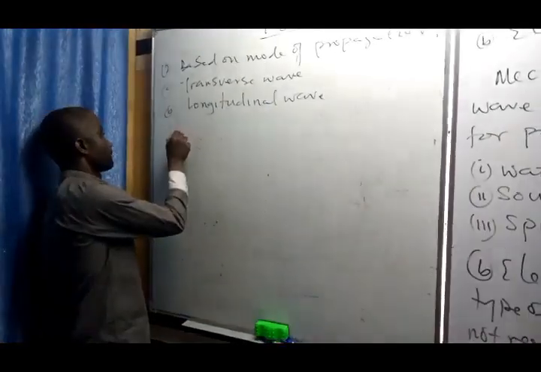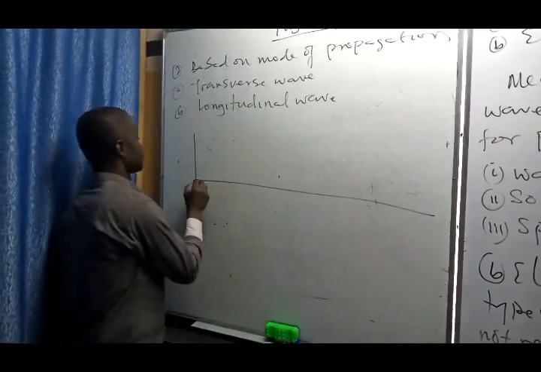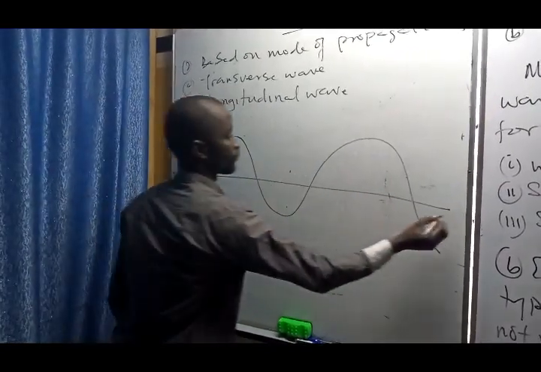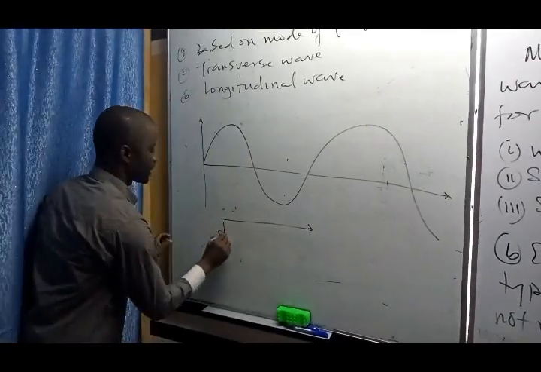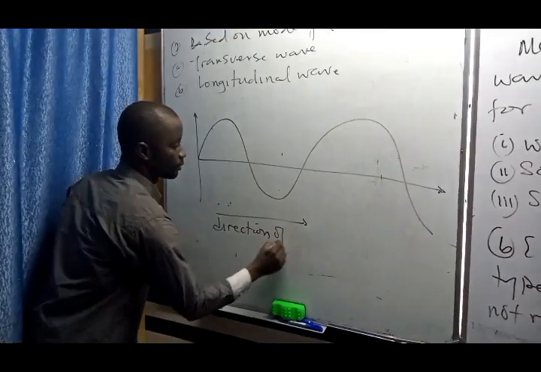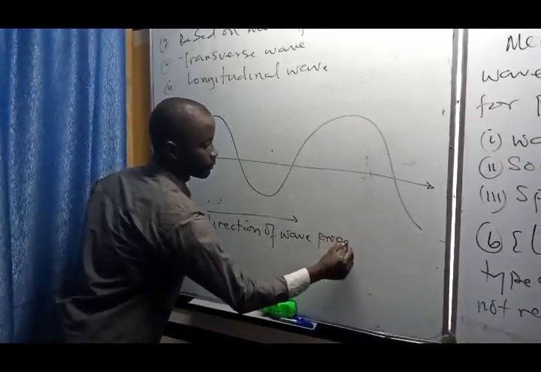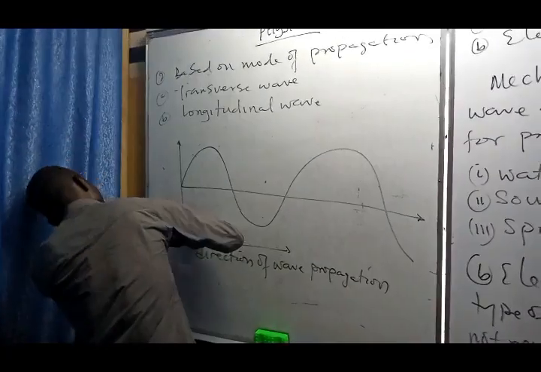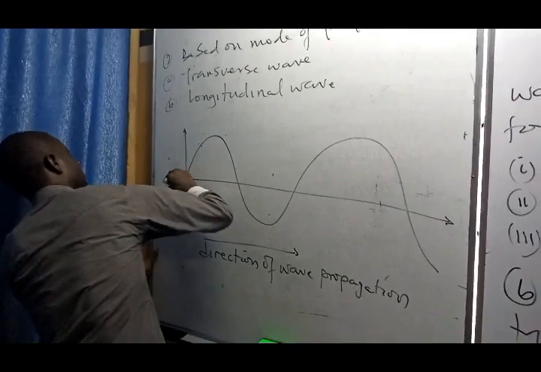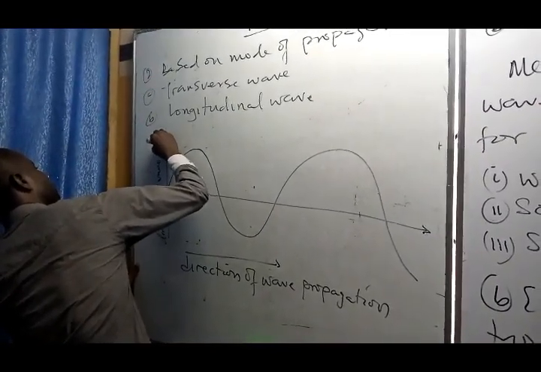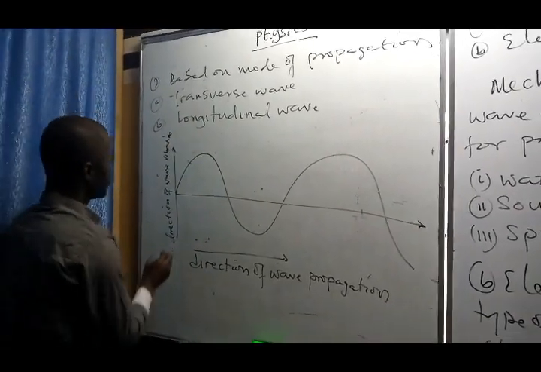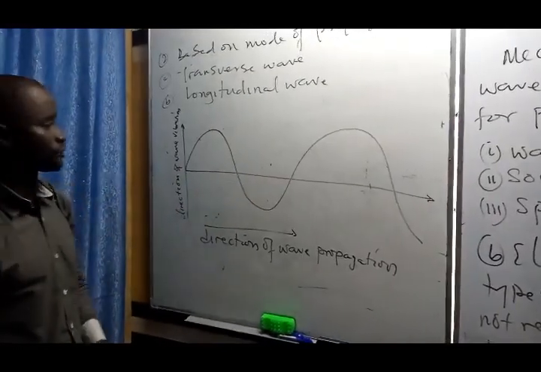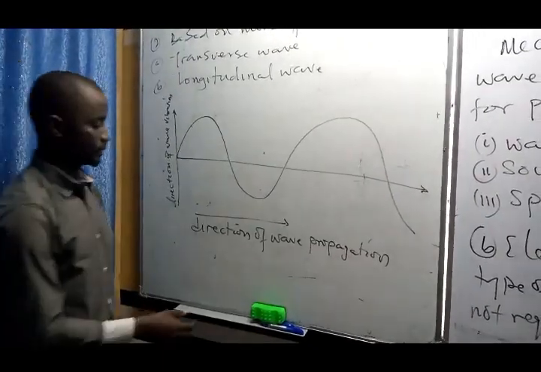That is, from this diagram, this is the direction of wave propagation, while the vertical axis is the direction of wave vibrations. Now, when you draw this line and intersect this, it will give what we call a right angle triangle. Now, the typical example of this wave is water wave and also light wave.